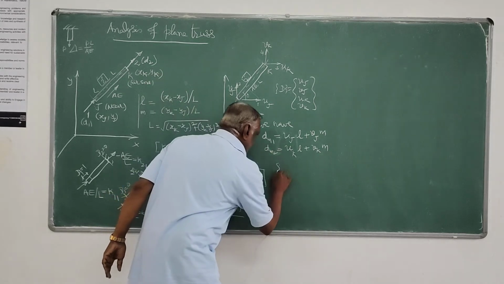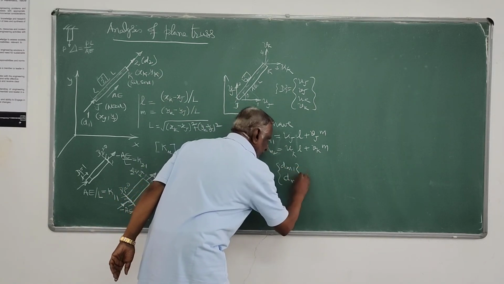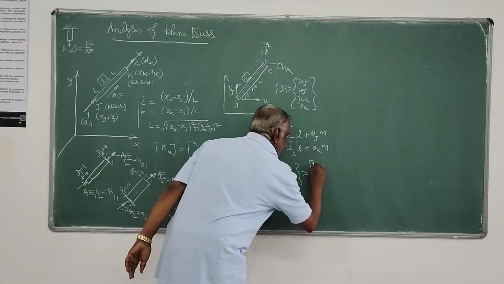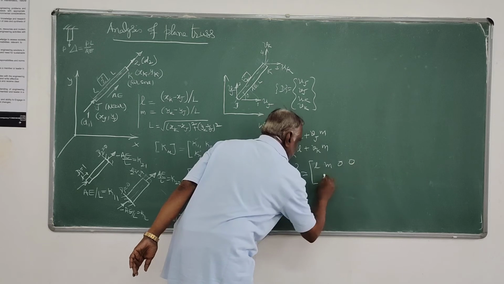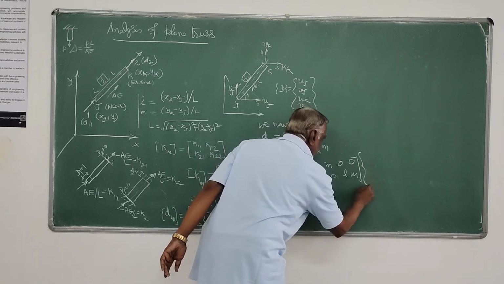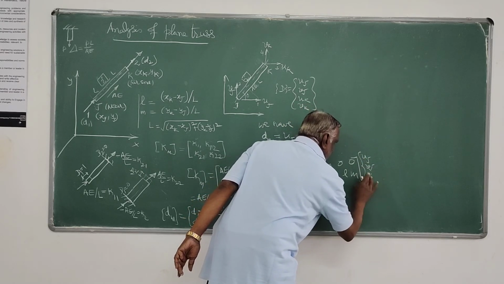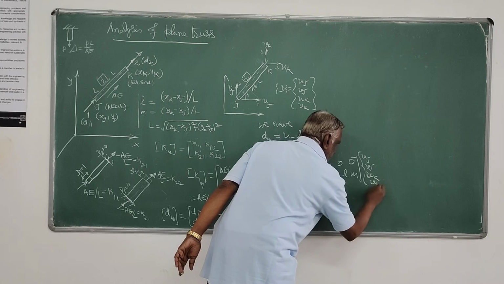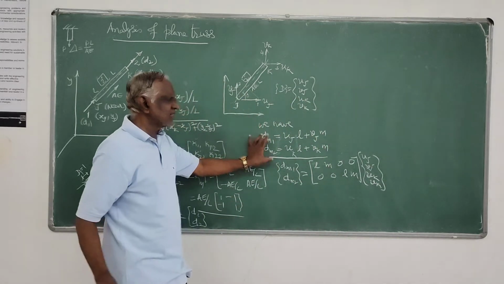This I can write in matrix notation, in matrix form, like this: [l, m, 0, 0; 0, 0, l, m] times uj, vj, uk, vk. This is the matrix form of this equation.